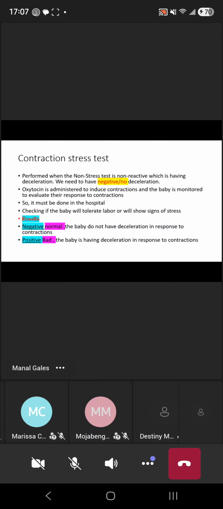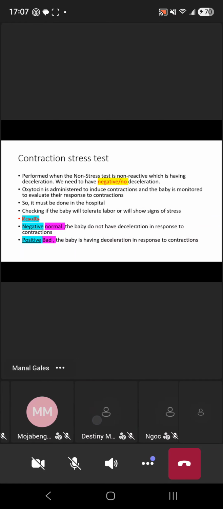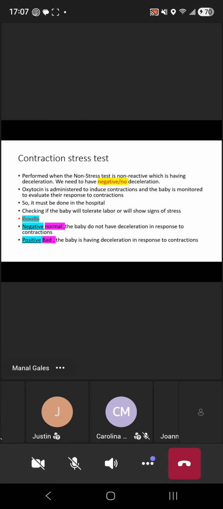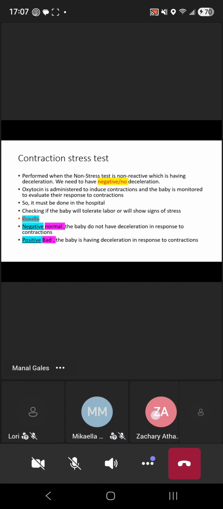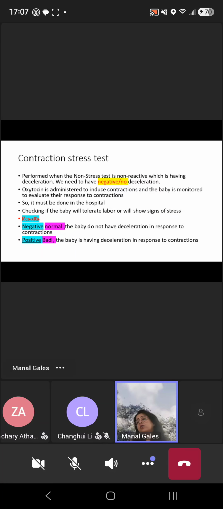Now, if the baby is not reactive, like if the heart rate decelerates after movement, the newborn is moving, the heart rate goes down, we need to do the stress test. Now let's see why your heart rate went down. So we will do a stress test. What is a stress test?